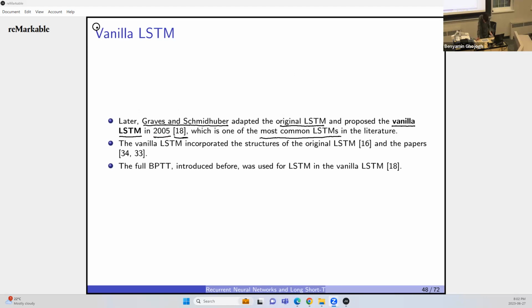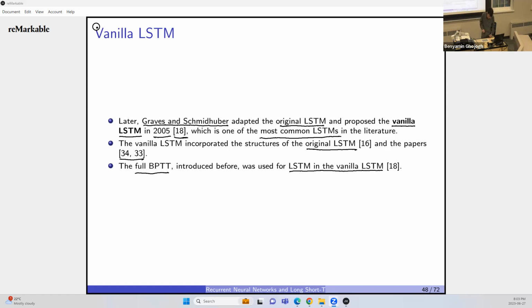The vanilla LSTM incorporated the structures of the original LSTM and papers 33 and 34. The full backpropagation through time introduced before was used for training in vanilla LSTM.